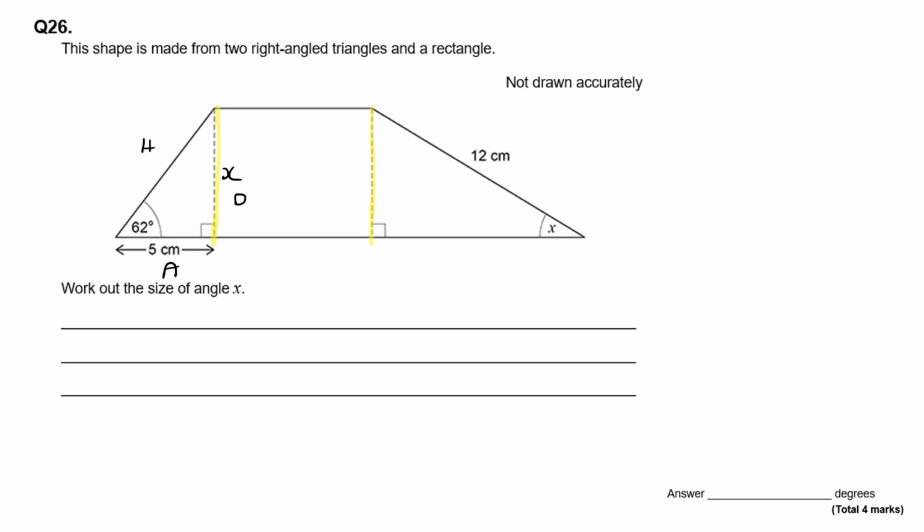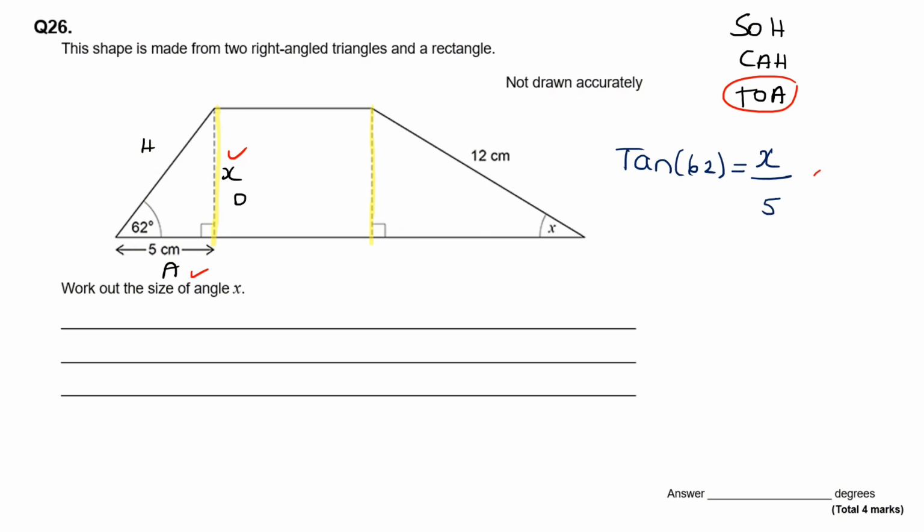So if I write my SOHCAHTOA, I'm going to need to use opposite, and I can use adjacent. So that means it's going to be tan. So tan 62 is equal to, opposite is x, divided by the adjacent, which is 5. We can then times both sides with 5. 5 tan 62 is going to give us 9.4. So this means this length here is 9.4.